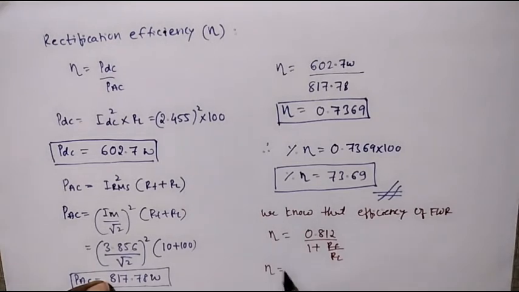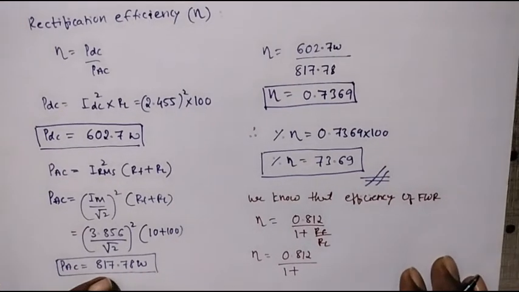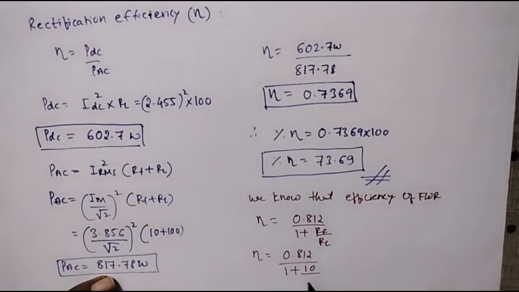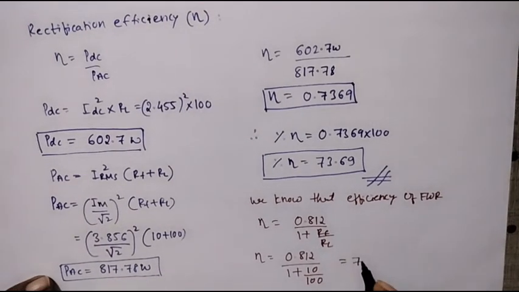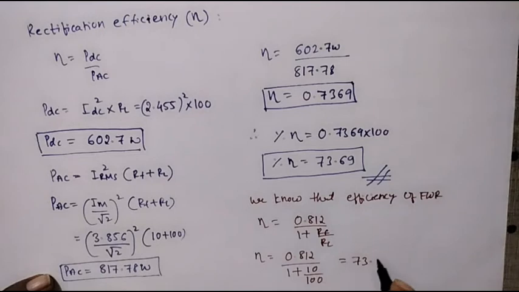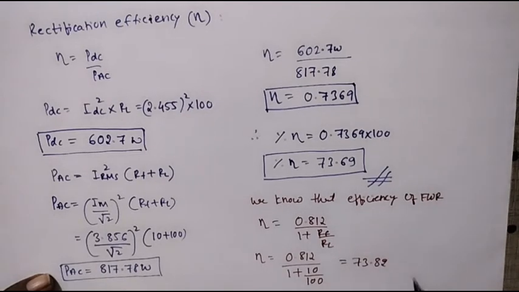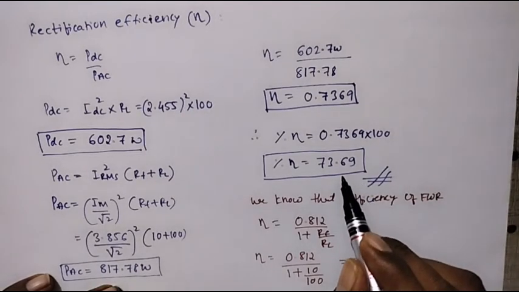Therefore η is equal to 0.812 divided by 1 plus the given RF value, 10, over the RL value, 100, which is equal to 73.82, which is almost equal to this value.